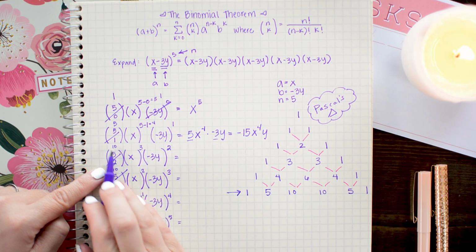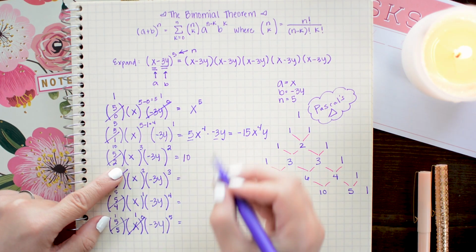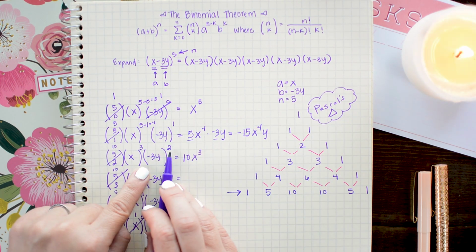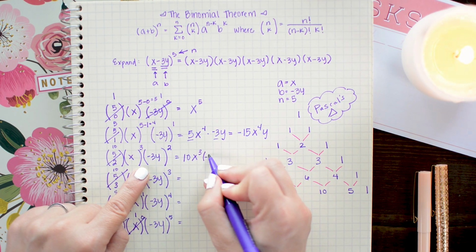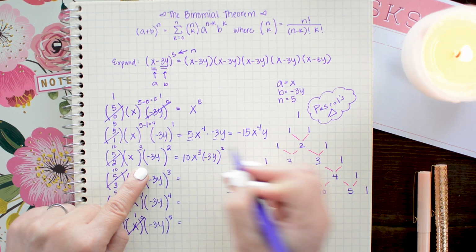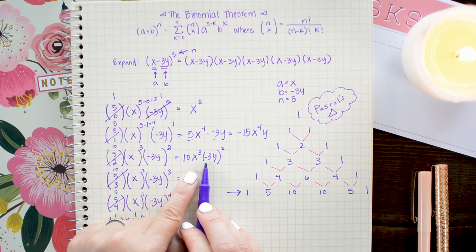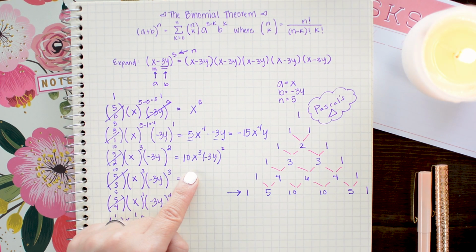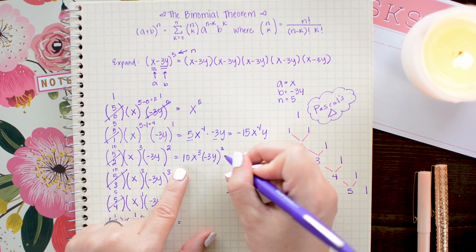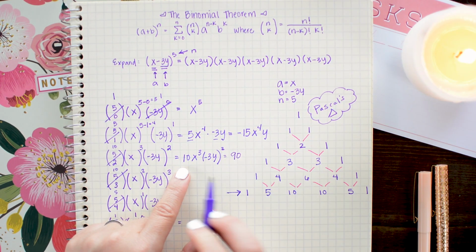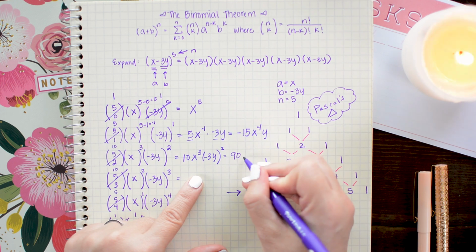In the third problem, I have 10 x cubed times negative 3y squared. So here is going to be 9y squared when I apply that power of 2. So I have 10 times 9, which is 90 x cubed y squared.